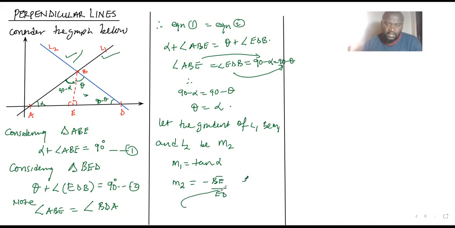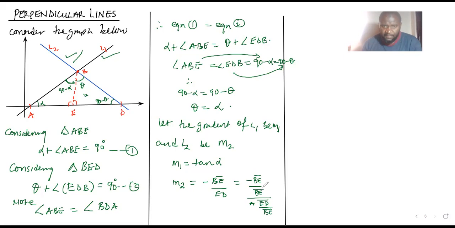So with this sense, if one looks at it carefully and rewrites this whole expression, this is the same as writing it as negative BE out of BE divided by a negative ED out of BE.